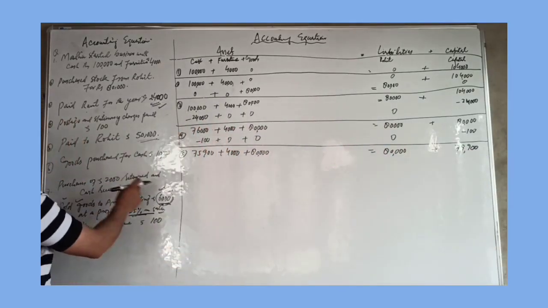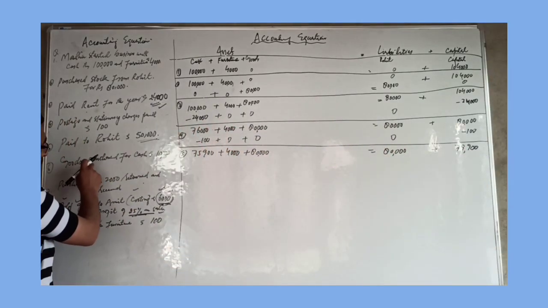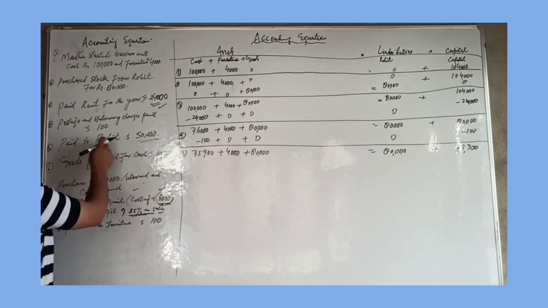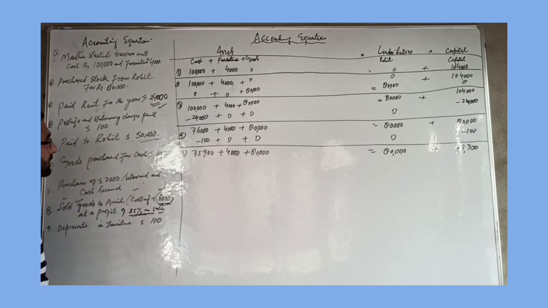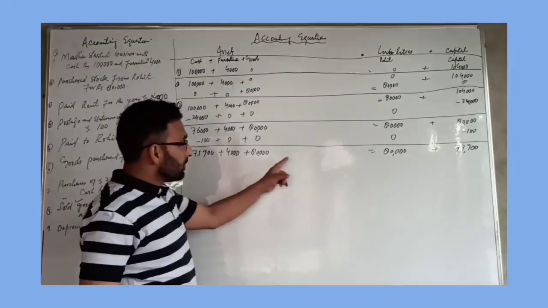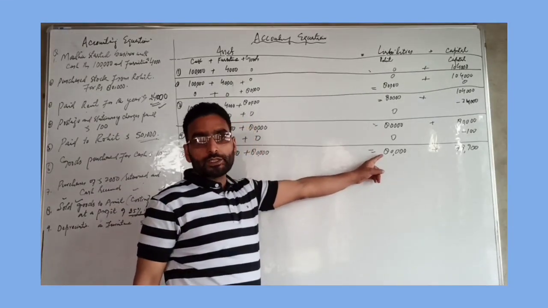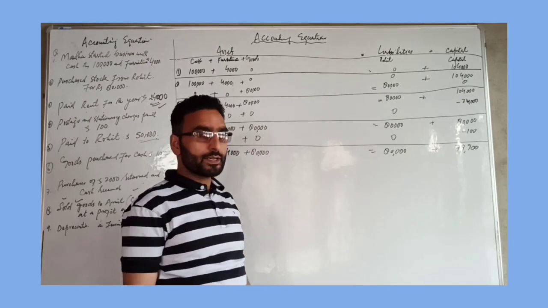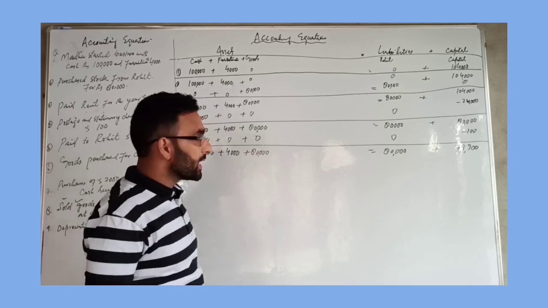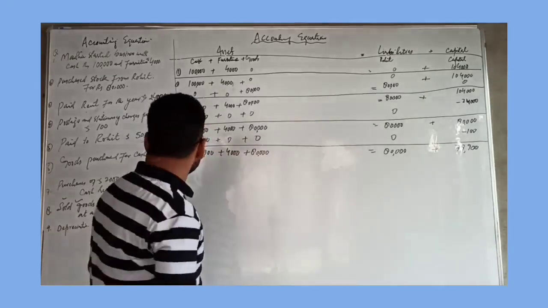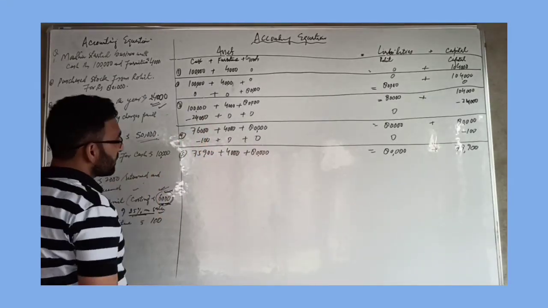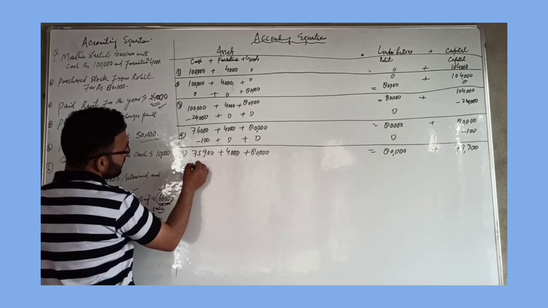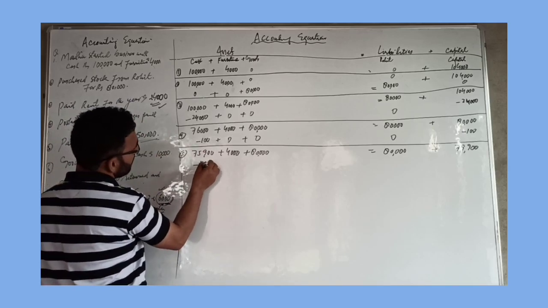The next point is there. Paid to Rohit rupees 50,000. Amount due to Rohit was rupees 80,000. Rohit was the creditor, he had given stock to the business on credit basis. Now rupees 50,000 has been paid to Rohit. Cash has been paid here, so the cash decreases 50,000.